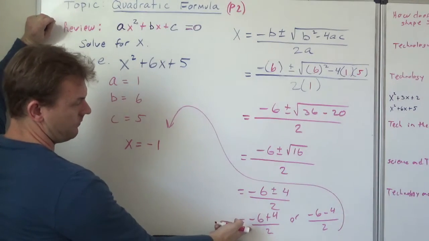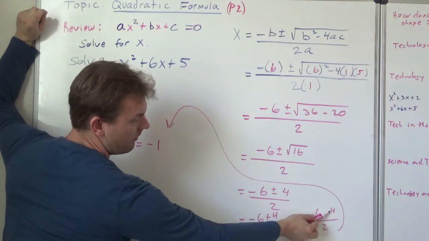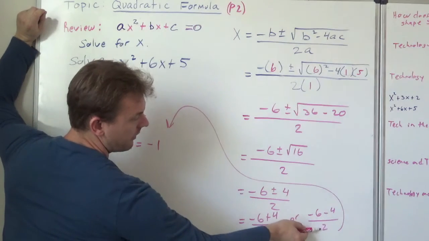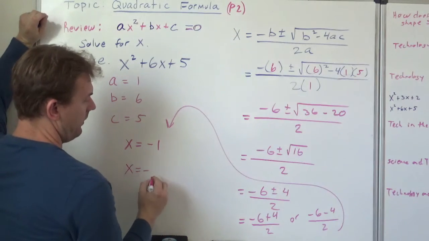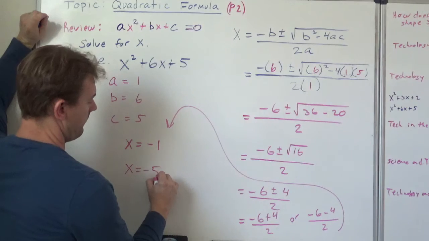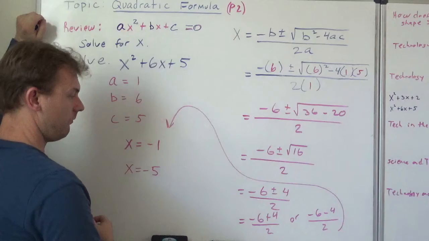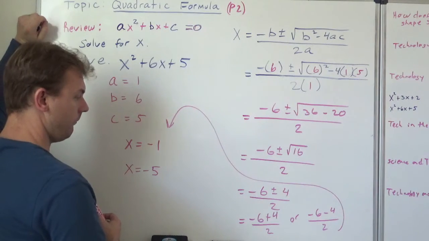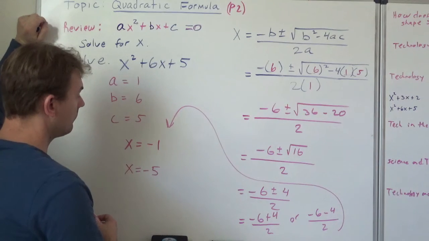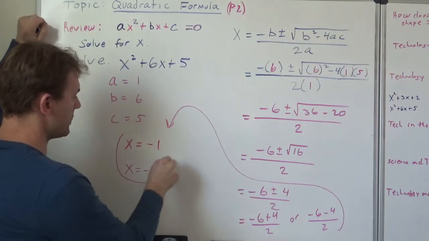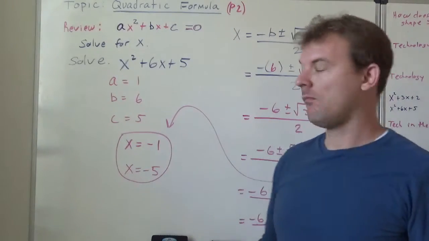For this one, you have minus 10 divided by 2, so x equals negative 5. Okay, so these are your solutions.